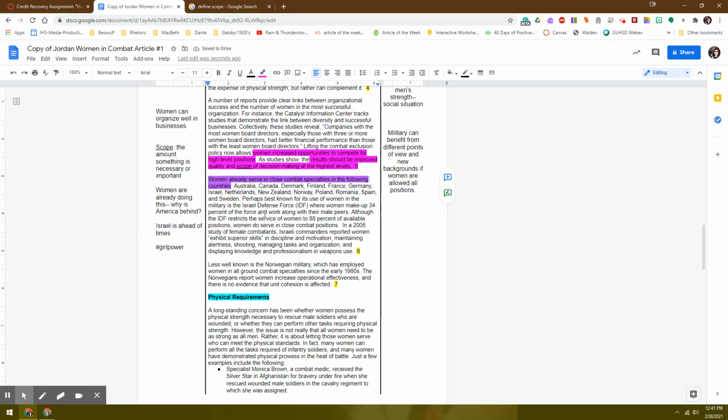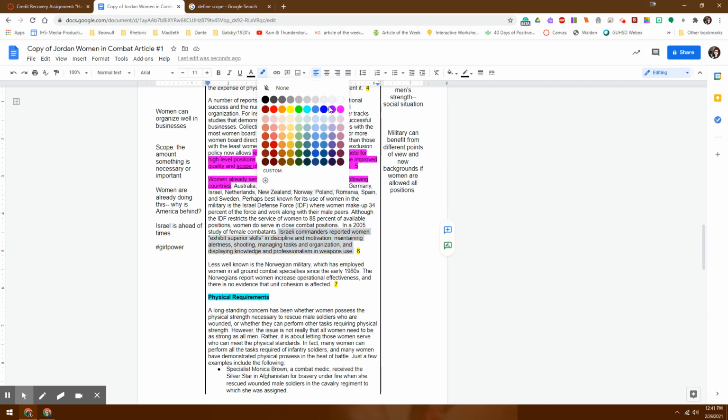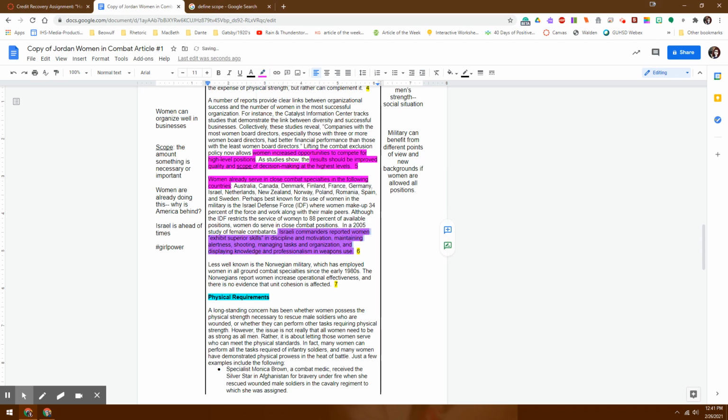Okay, so there's a couple things in here. There's another piece where the Israeli commanders have some positive things to say about having women in the military, so I'm going to mark that as positive. And then down here, when we talk about the Norwegians, it says that they think women increase effectiveness.